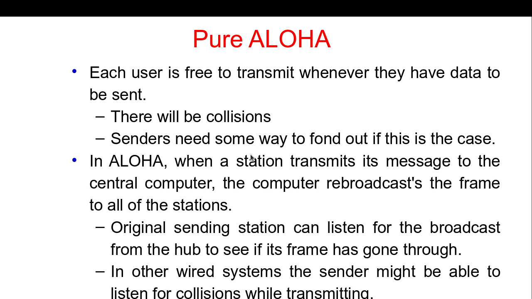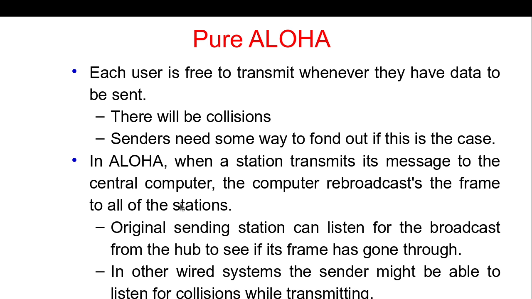Now the sending stations need to know whether there have been some collisions. In Aloha, when a station transmits its message to the central computer, the computer rebroadcasts the frame back to all the stations.